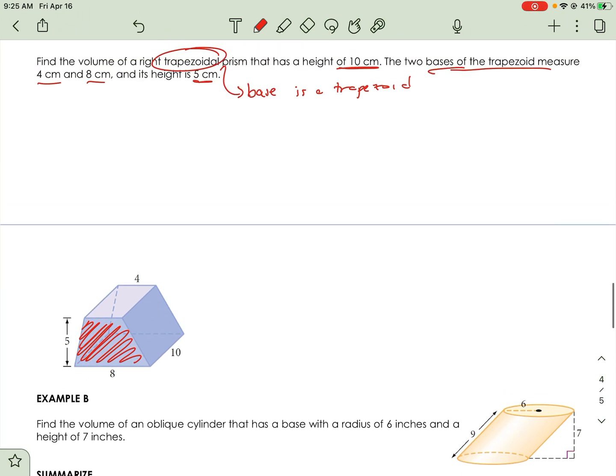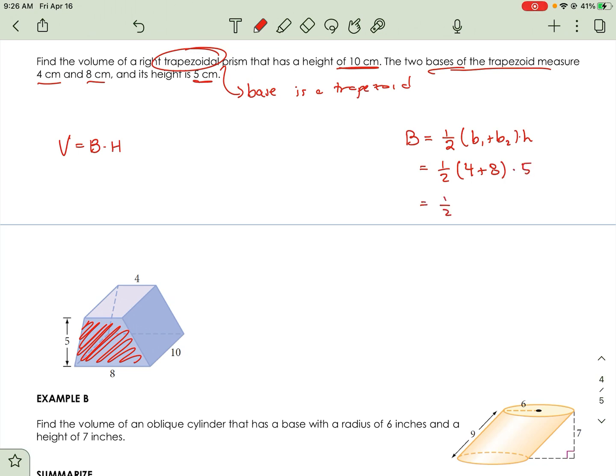so that means that your base is a trapezoid. We know that if we want to find the volume of any prism, the volume is equal to the area of the base times the height. Let's do our work off to the side. We know the base is a trapezoid, and the area of a trapezoid is 1/2 base 1 plus base 2 times the height of the trapezoid. That information is given to us. We know the bases are 4 and 8, and we know the height of the trapezoid is 5.